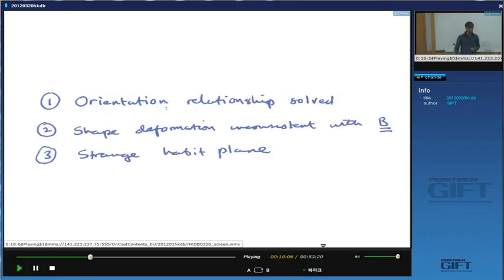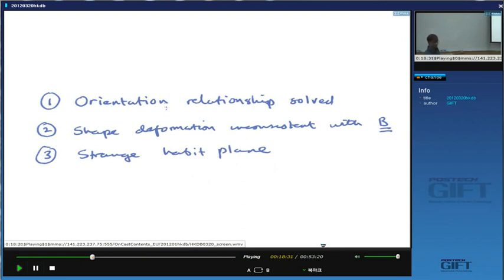Right. So just to summarize where we are, we've solved the orientation relationship, and this applies to any material. Yeah? The combination of Bain strain and rigid body rotation will predict the orientation as long as you generate an invariant line. But what we observe as a shape deformation is inconsistent with this, okay?